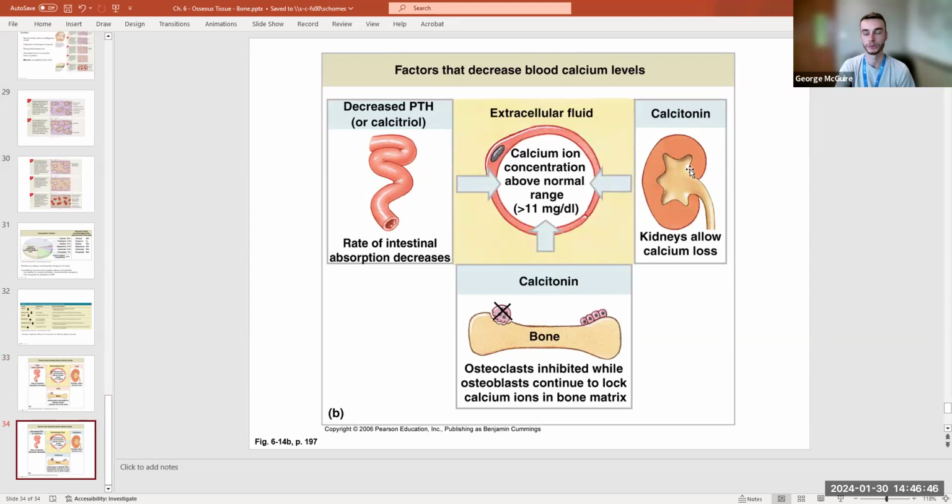Calcitonin is going to stimulate the filtration of calcium in our kidneys. Thus, we will be excreting more of it in our urine. And calcitonin is also going to act directly on our bones by inhibiting the activity of osteoclasts, thus allowing osteoblasts to continue taking calcium and phosphate out of the blood and start storing it into bone.